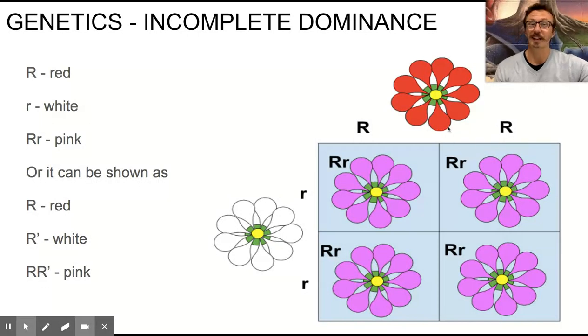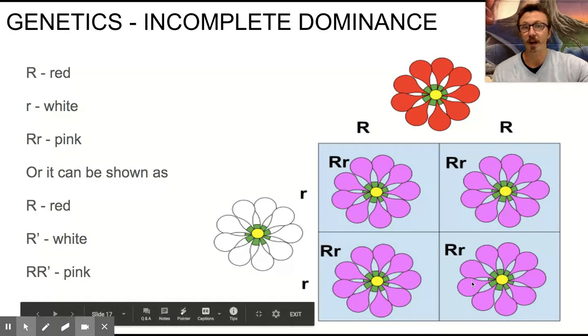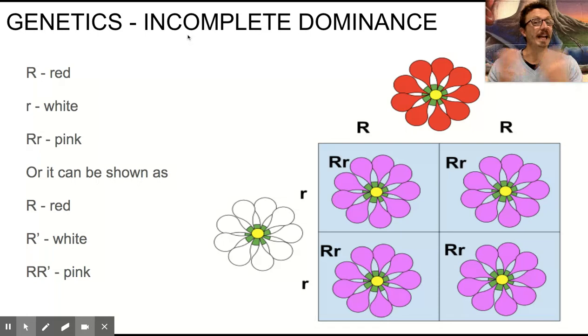Certain flowers, I think like snapdragons, if I'm remembering correctly, have incomplete dominance, which means that if you have a red flower and a white flower, what we get is pink flowers, right? So anytime you think of incomplete, think everything is blending together. If there's an intermediate phenotype or a blending between the two, that's incomplete. So I think intermediate, incomplete, right? If there's a middle mix of the two, that's incomplete dominance.